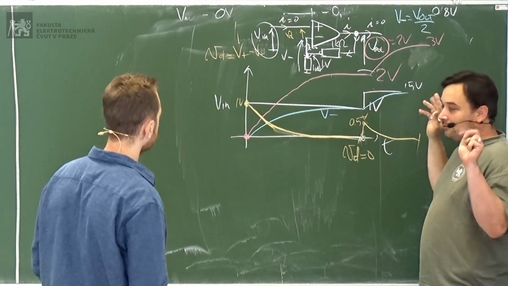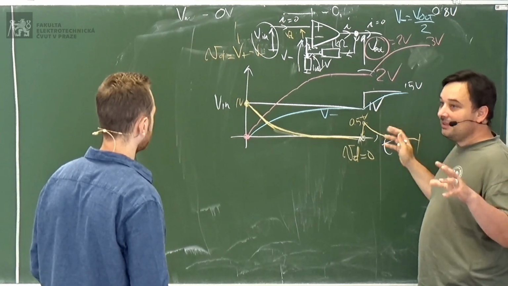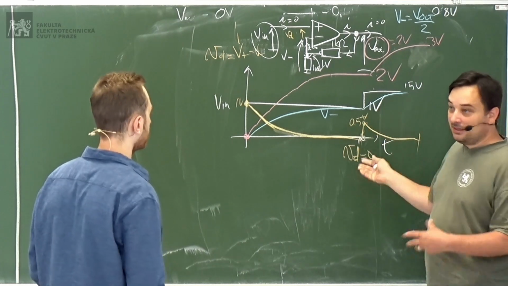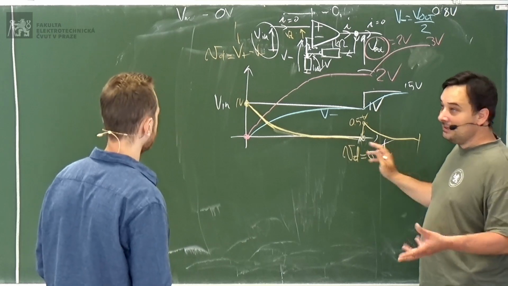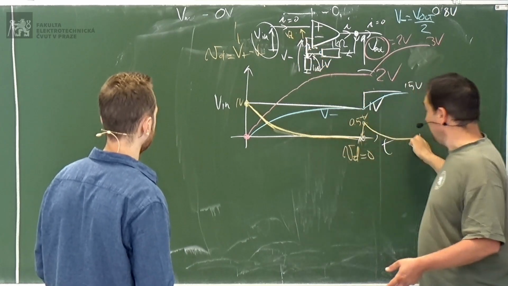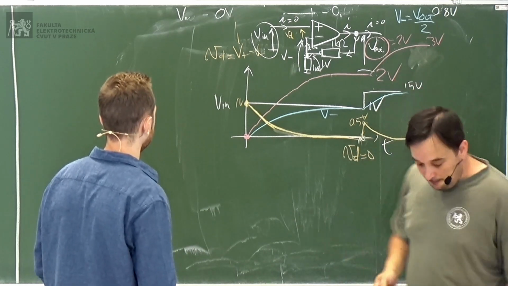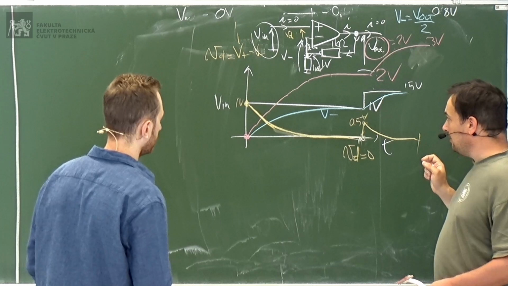It's a sort of stupid machine. It knows only in which direction to increase or decrease the voltage, and it does so until it feels that at the input there is 0. It tries its best. Why did I want to explain this?